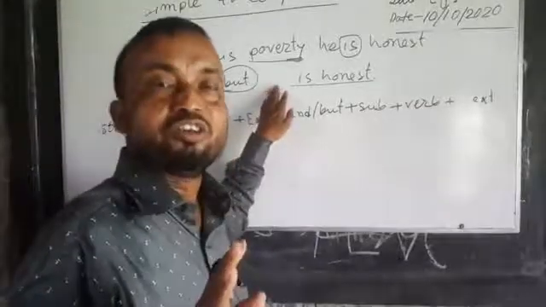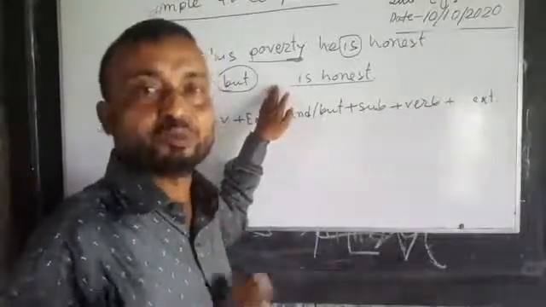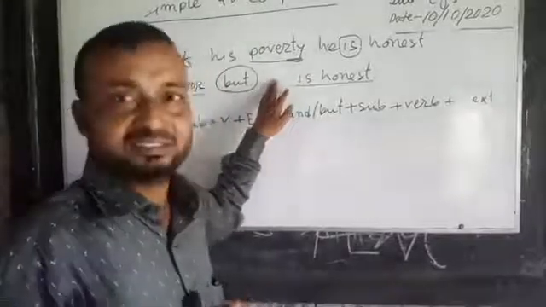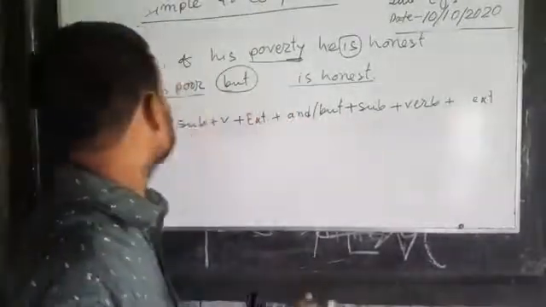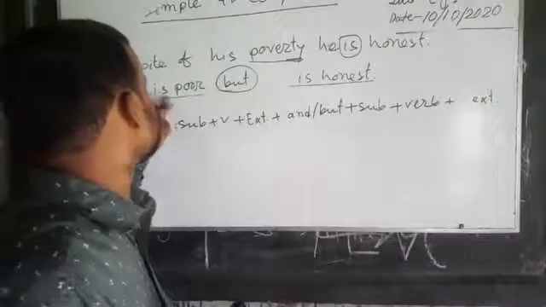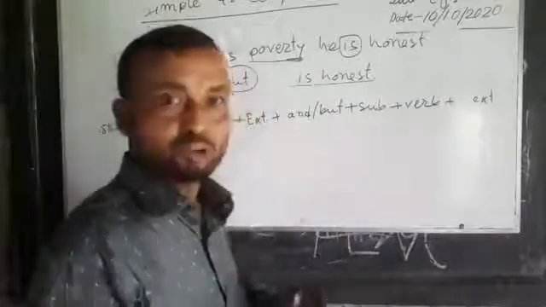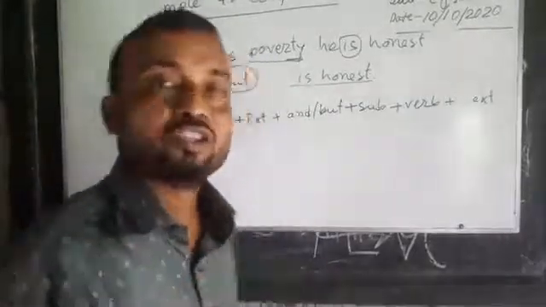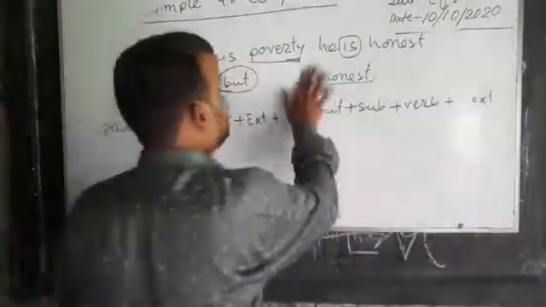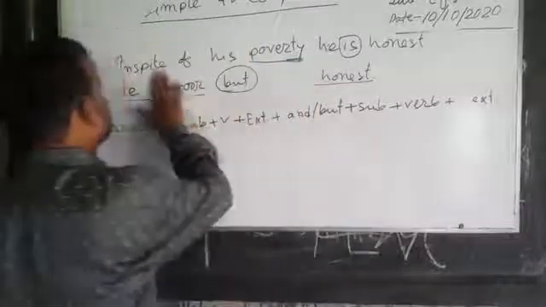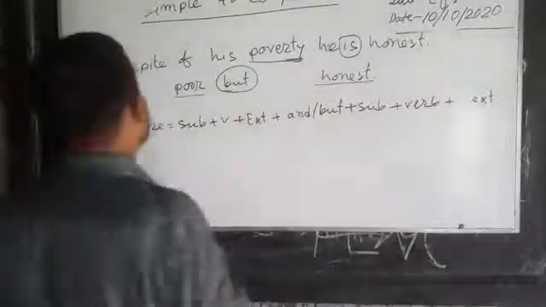So we need not use the subject. And again, the verb of the first clause is "is" and the verb of the second clause is "is". So we also need not use the verb "is". Oh, sorry.